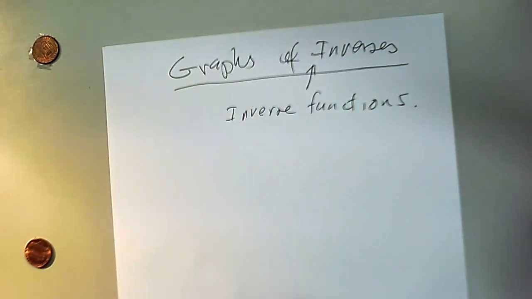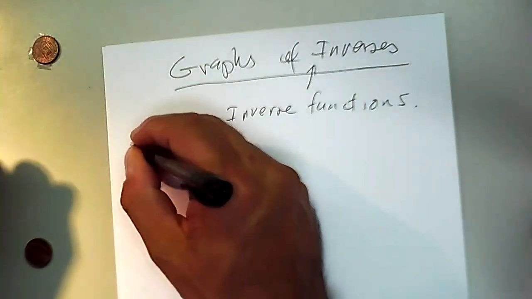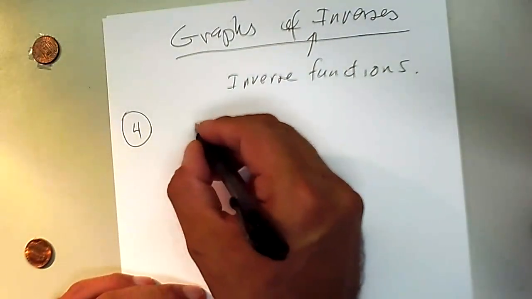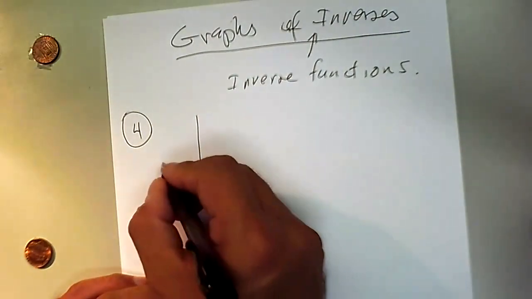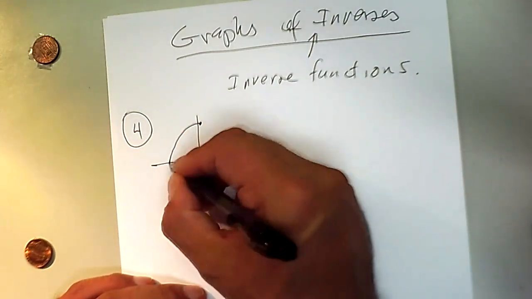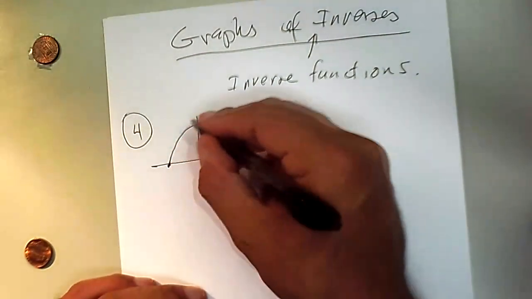Okay. So 4. Okay, let's say we have a quarter of a circle, just one quarter. Pretend that's a quarter of a circle.